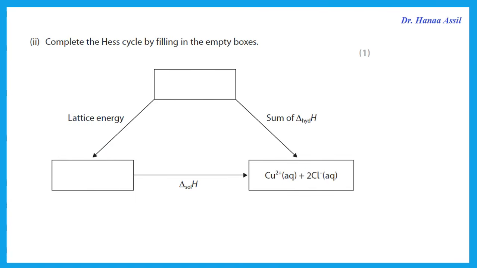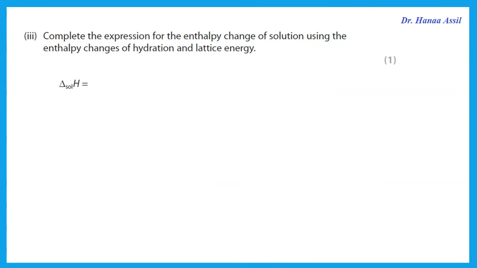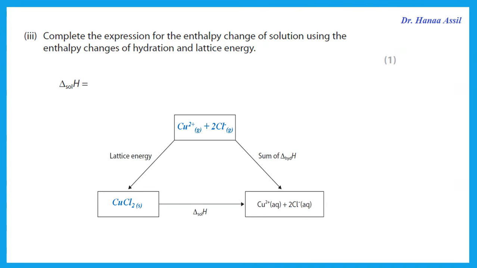Complete the Hess cycle. So we have the aqueous ions already put for us. That means to get delta H of hydration, we start with the gaseous ions. The lattice energy would be changing the gaseous ions to what? To the solid ionic compound. Complete the expression for the enthalpy change of solution using the enthalpy changes of hydration and lattice energy.